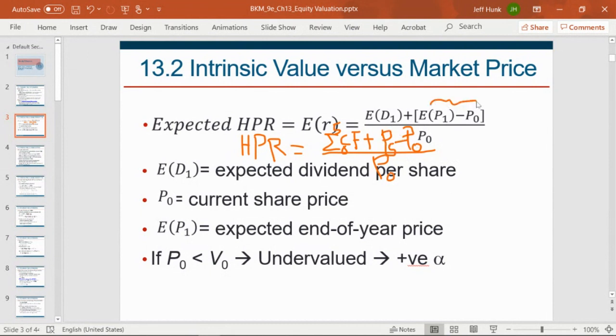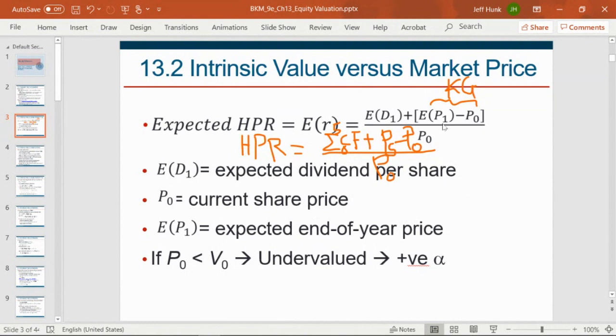That's capital gains, right? And for 5 years, I have collected dividends. So this is the idea of holding period return, and holding period can be any length of time, 5 years, 10 years, 1 year, 6 months, or 3 months. But let's assume our time unit is a year.